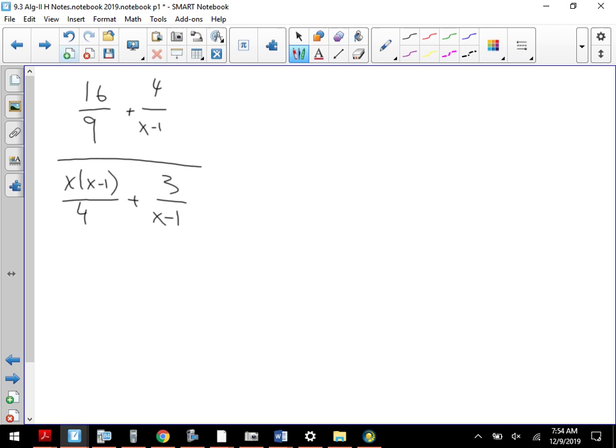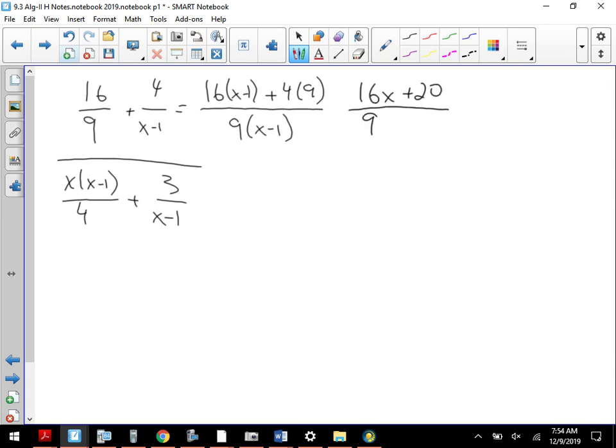That you have to get two separate common denominators. So just do them one at a time. It'll be a 9 times x minus 1. So it'll be 16 times x minus 1 plus 4 times 9. So that gives me 16x minus 16 plus 36. Okay. And 36 and then negative 16 got me the 20. I just skipped right down that intermediary step.